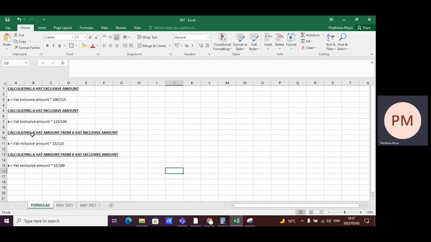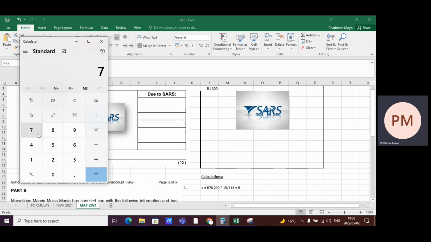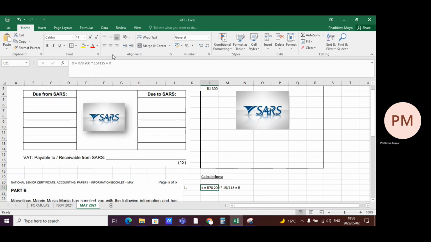You go to the formula for calculating a VAT amount from a VAT inclusive amount, we're going to adopt that. 78,200 multiplied by 15 divided by 115. So you have 10,200.